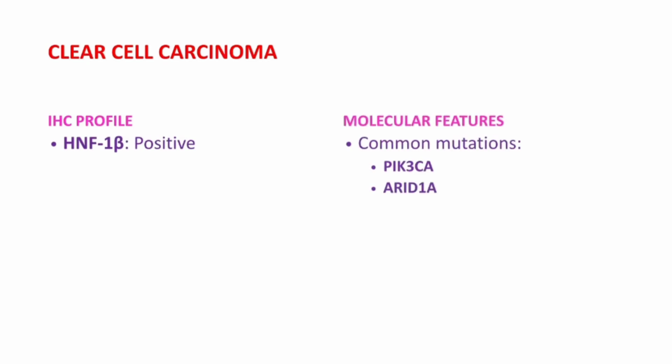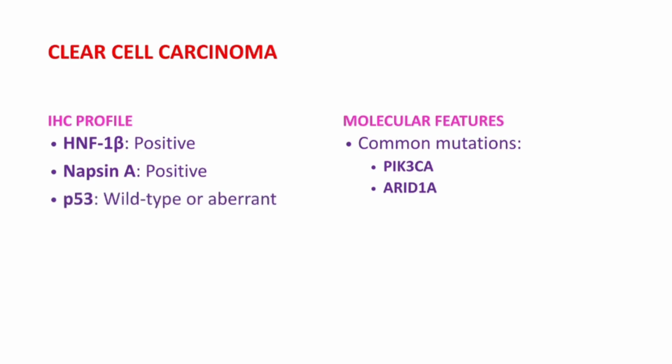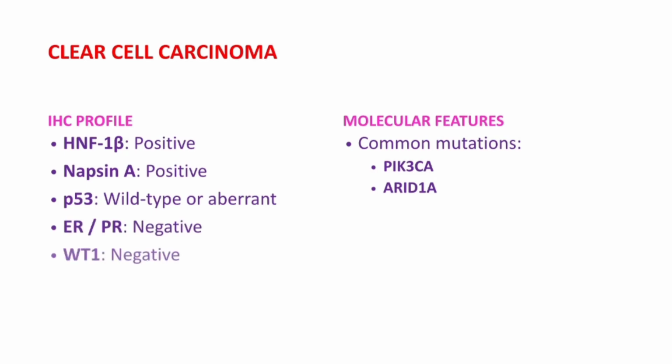Now if we see IHC, then most common IHC profile which is helpful to identify some molecular mutations like PIK3CA or ARID1A, we require HNF1B, Napsin A, P53 wild type or aberrant expression, ER PR negative, and WT1 also negative.